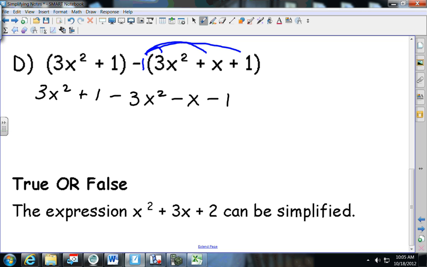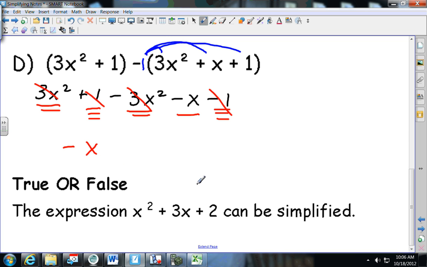Negative 1 times 1, negative 1. Put my x squareds together. 3x squared minus 3x squared, that makes 0. It goes away. Now I just have my negative x. Then you have 1 minus 1. They cancel each other out too, so your answer is only negative x.